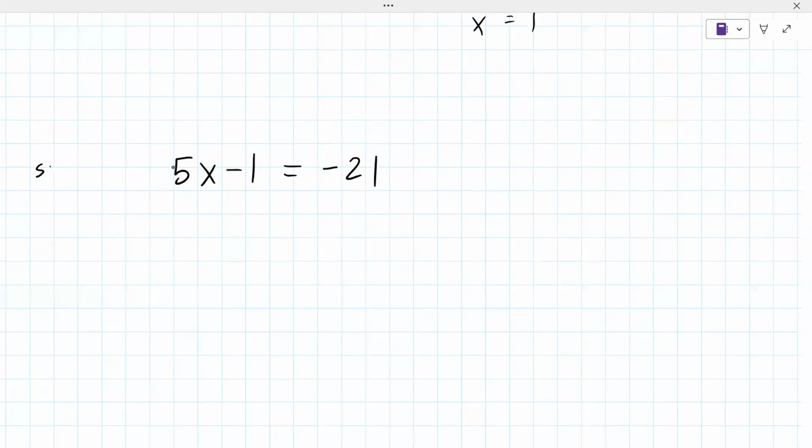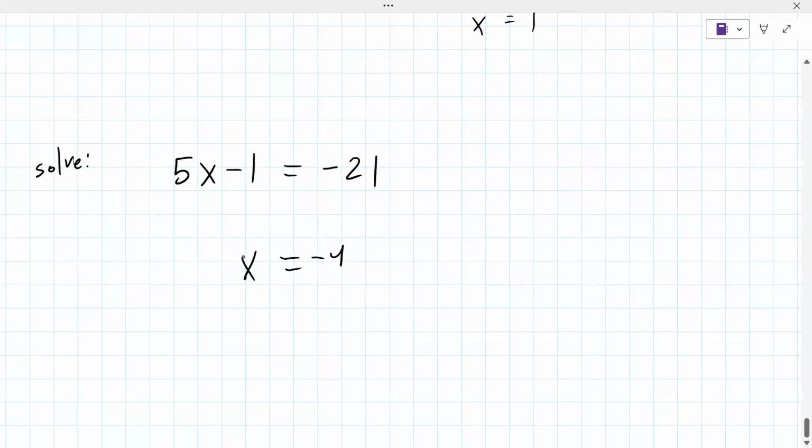Let's just have you solve that. X would equal negative 4. Correct.